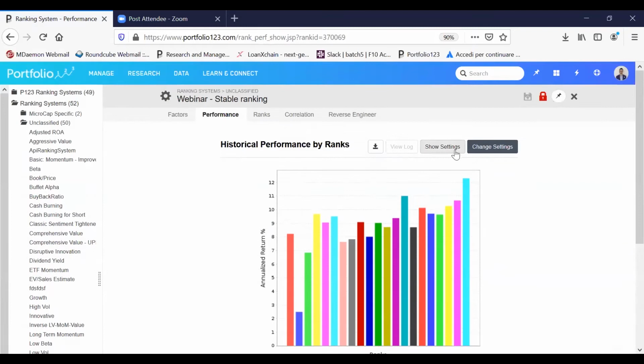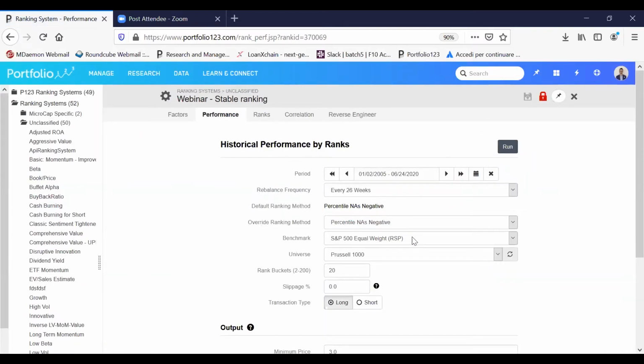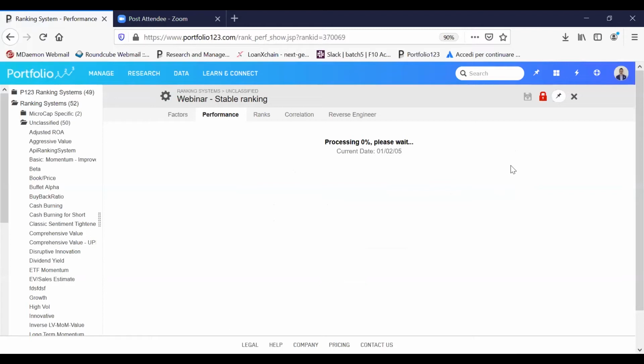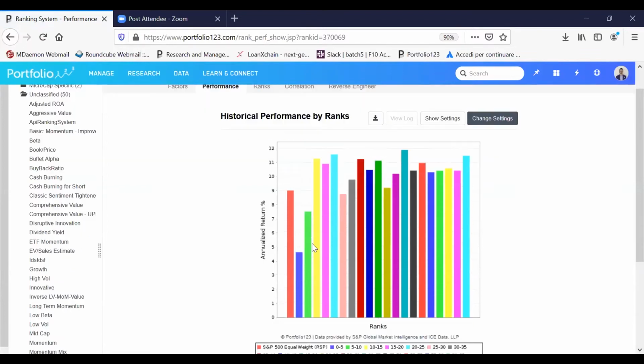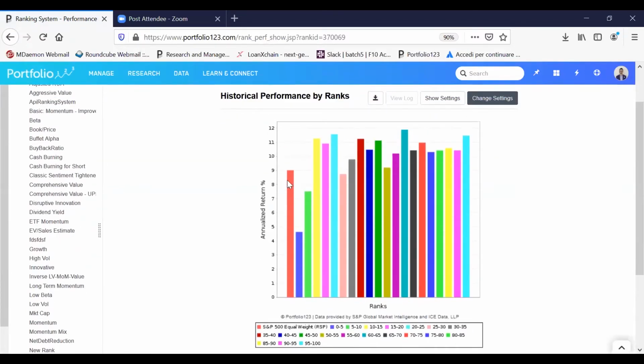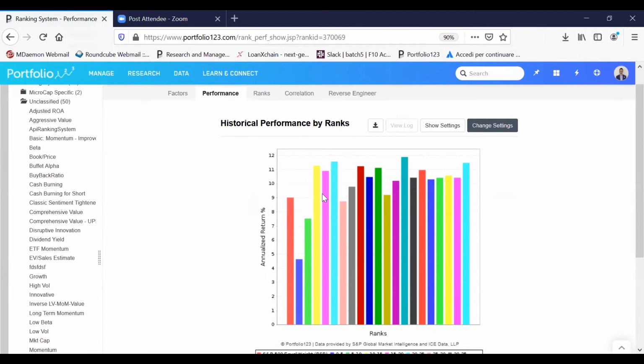So here, for example, even if we narrow it down to large and mid cap, it seems that there is a bit more of performance and predicting power. And maybe we're just going to test the problematic periods. Even here, we can see that it's improving a bit the predicting power, especially on the left tail of the distribution, but not by very much.